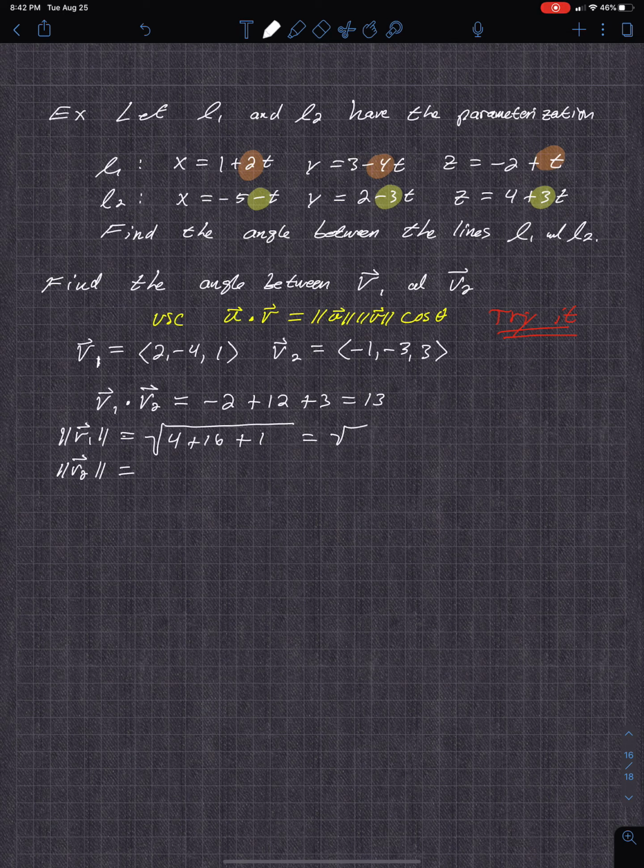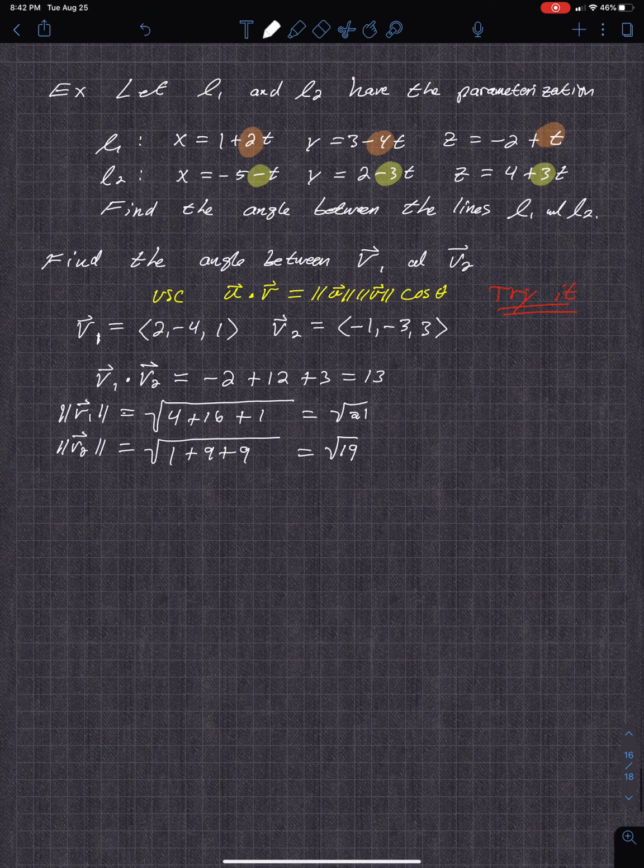So root 21. And then magnitude V2, square root of 1 plus 9 plus 9. So that's the square root of 19.